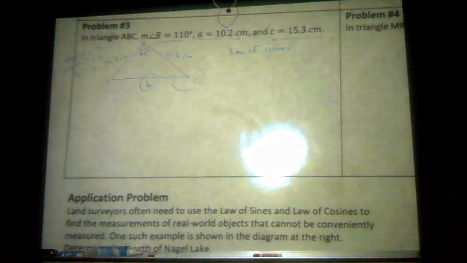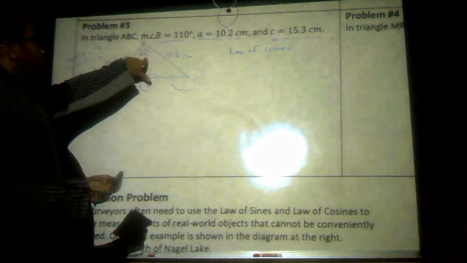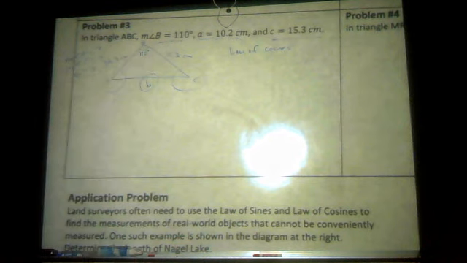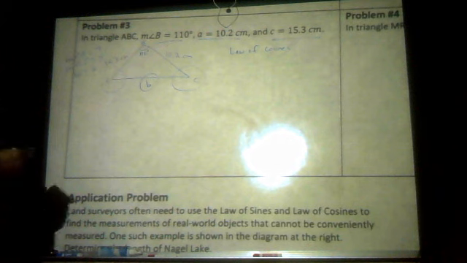Yes, so we can use the law of cosines because we have two sides with an angle that is included.